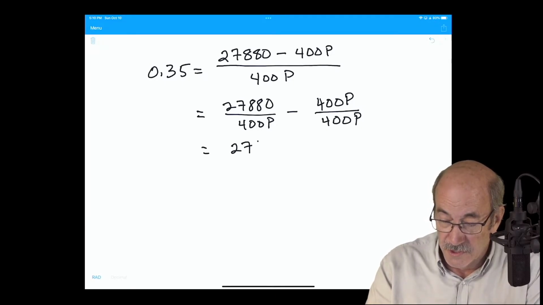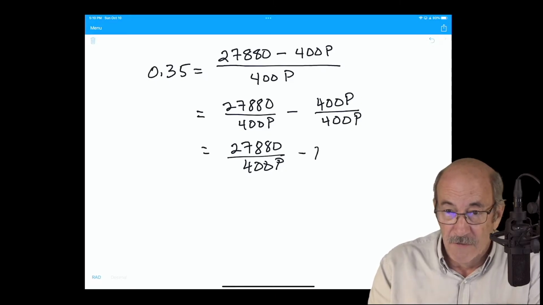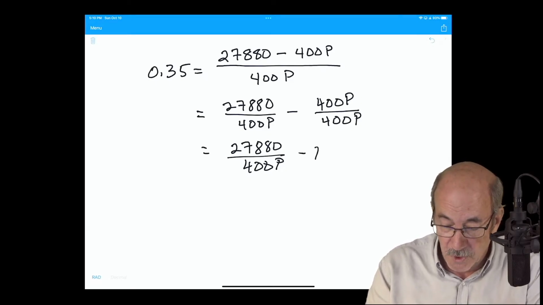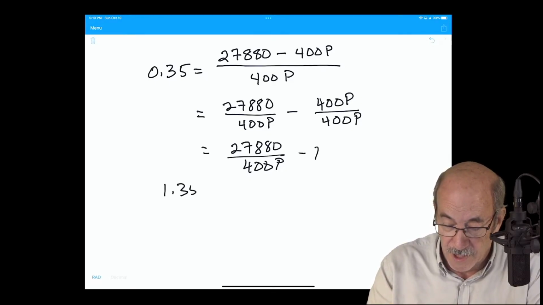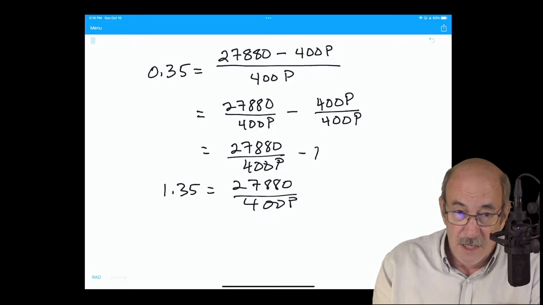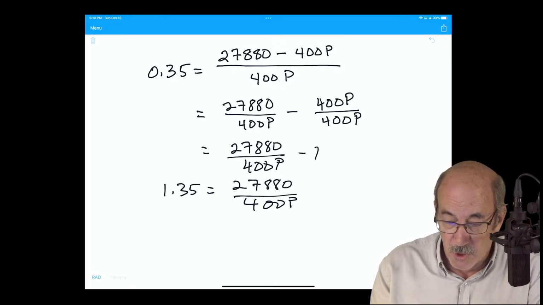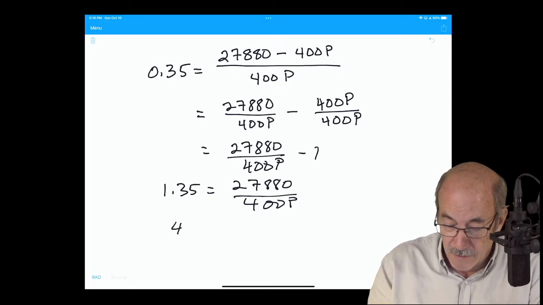So I've got 27,880 over 400P minus 1. I'm going to move that 1 over to the other side by adding 1 to both sides, so I've got 1.35 equal to 27,880 divided by 400P. Then I'm going to multiply both sides by 400P and divide both sides by 1.35. That just moves these around.